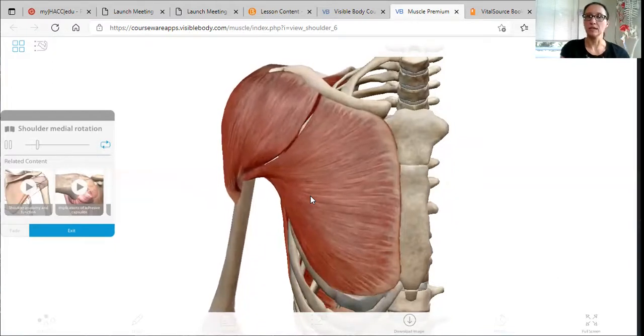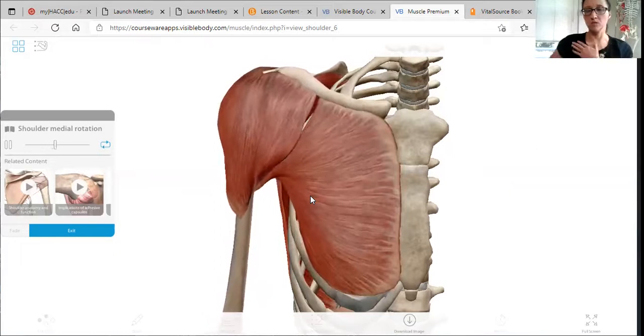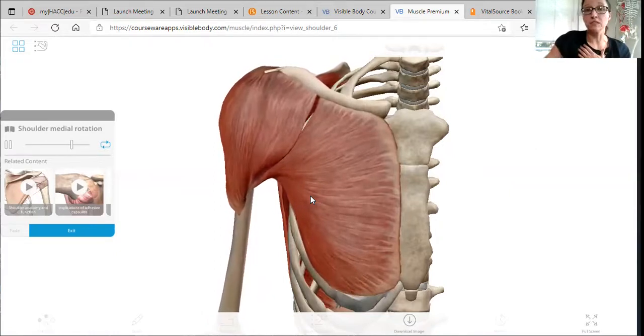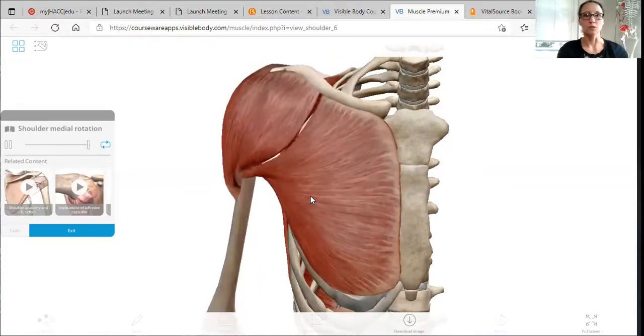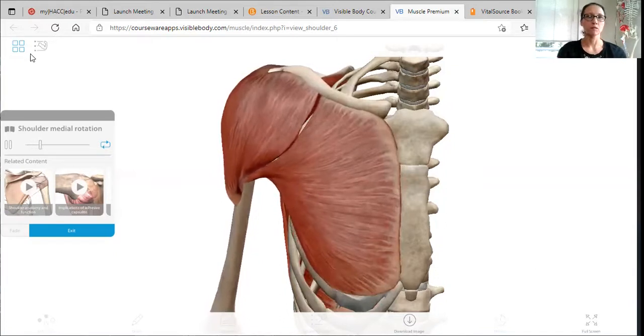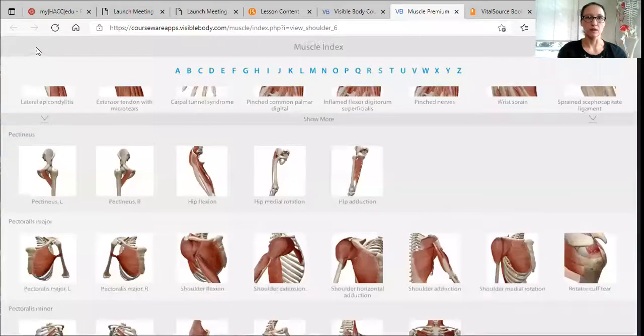These are easy to visualize with superficial muscles because you can see and feel what it is that they do. Go back up here again. Horizontal adduction we saw. Shoulder adduction.